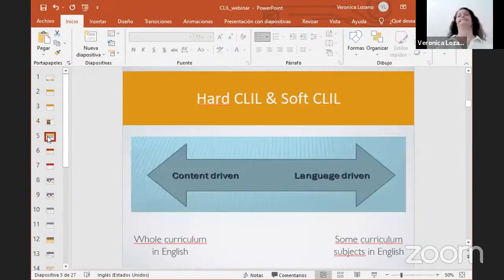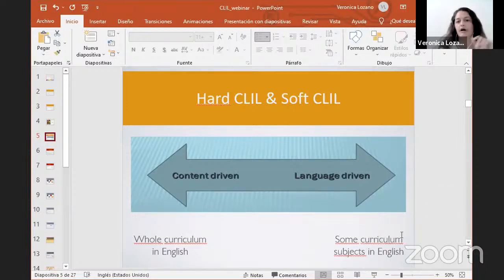Then we have another important concept, because depending on your exposure to CLIL, it could be addressed as hard CLIL or soft CLIL. If your teaching is more content driven, you would be doing hard CLIL. On the other hand, if you have a stronger focus on language, then you would be doing what they call soft CLIL.